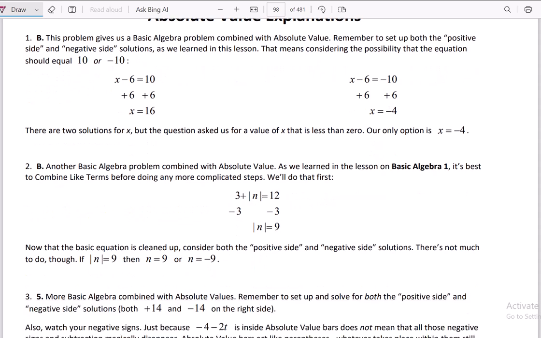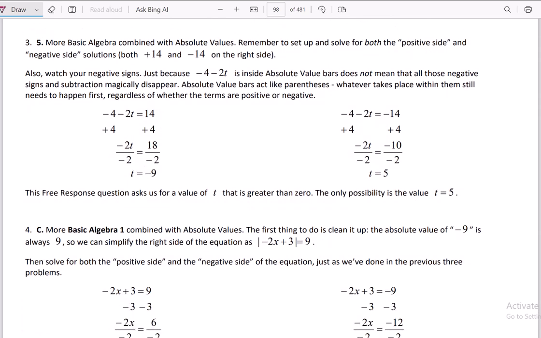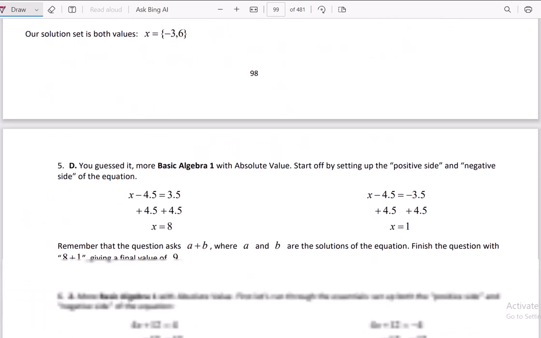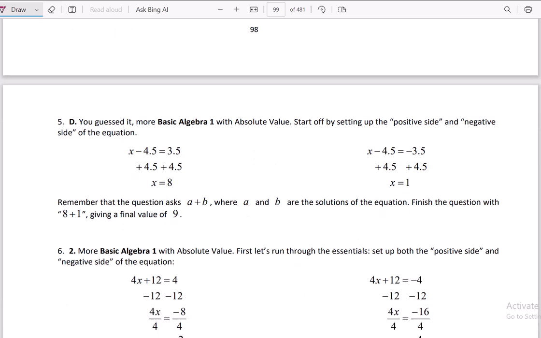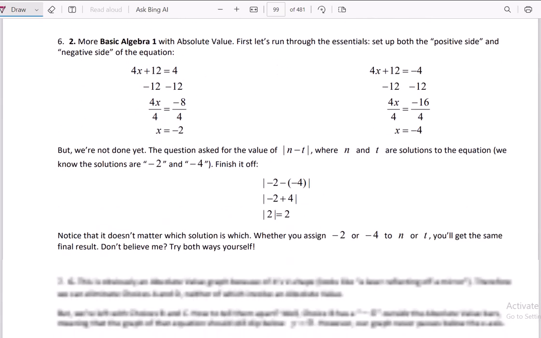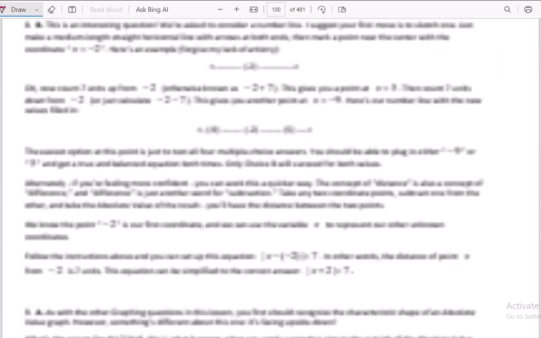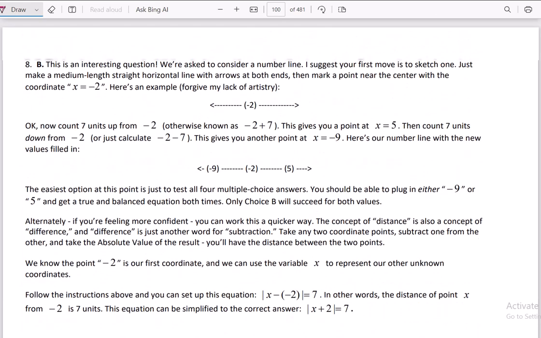I just love this mastery book. The author is phenomenal. This is me seeing someone using the English language to explain math concepts, and it's just beautiful. So these are the solutions he gave.